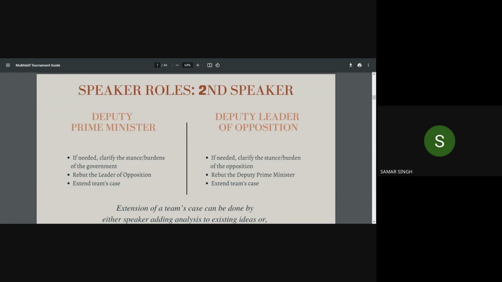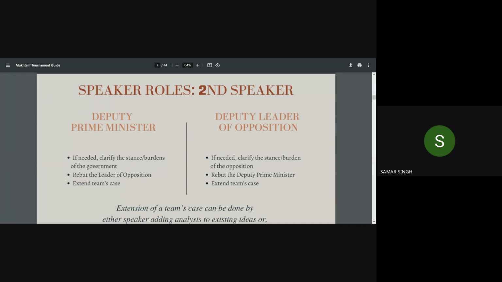So one argument is given by the prime minister, two are given by the deputy prime minister or the deputy leader of opposition. So in total, three arguments by the whole team. Okay, understood. Although you can still give just two, maybe just one, but remember that will not help your case at large.